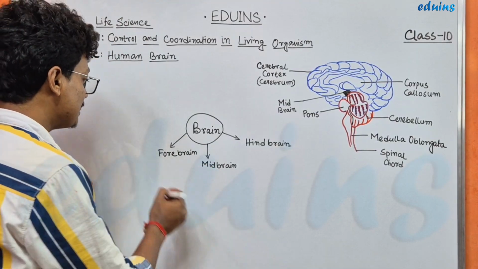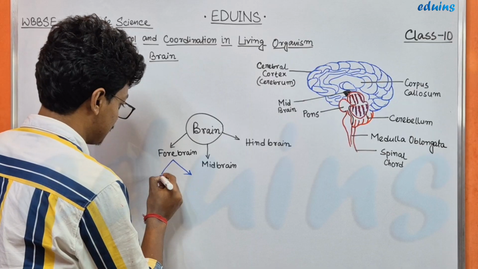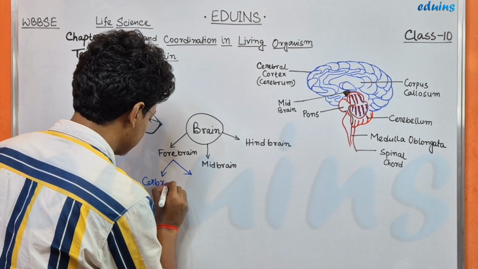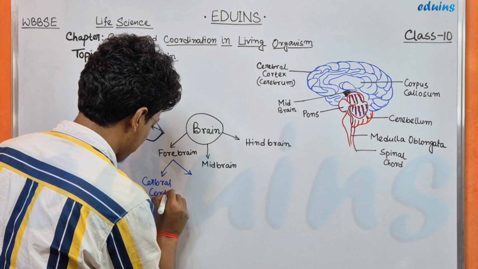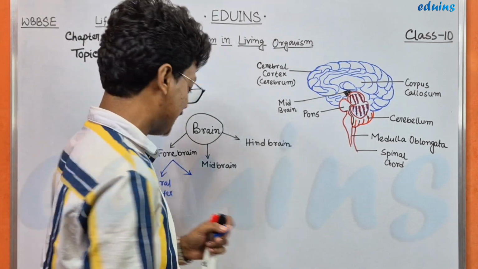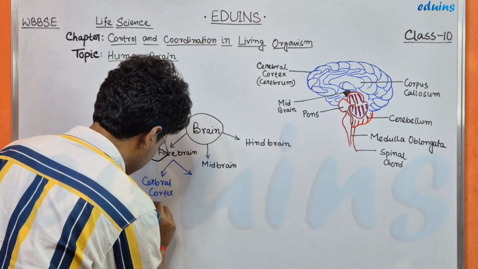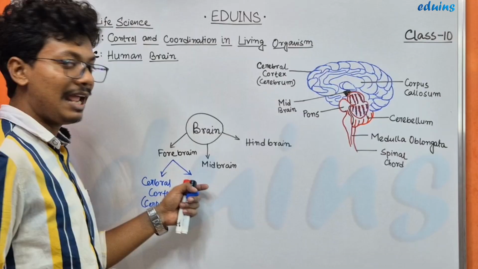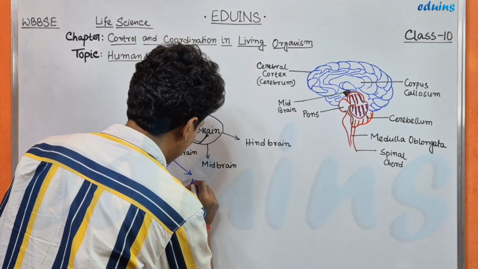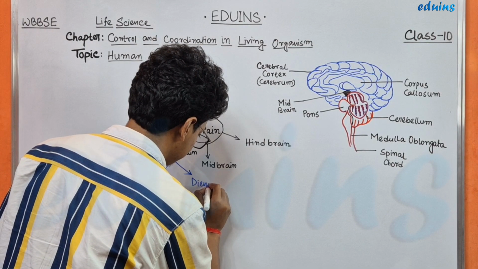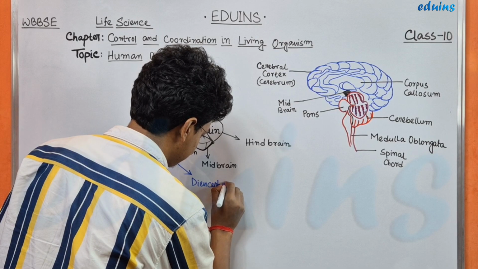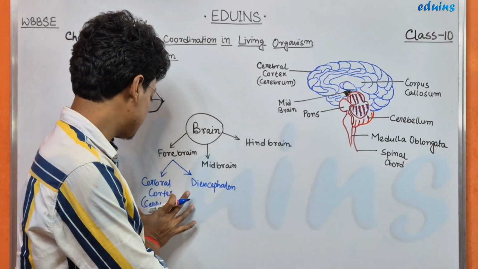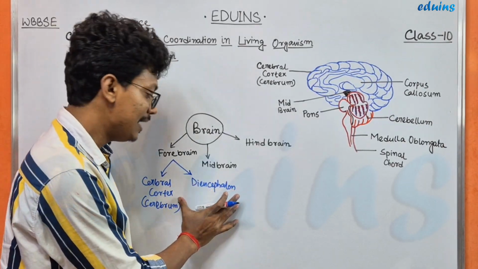The forebrain is further divided into two parts: cerebral cortex, which is also known as cerebrum, and another one is diencephalon. So the forebrain consists of two parts, cerebral cortex and diencephalon.